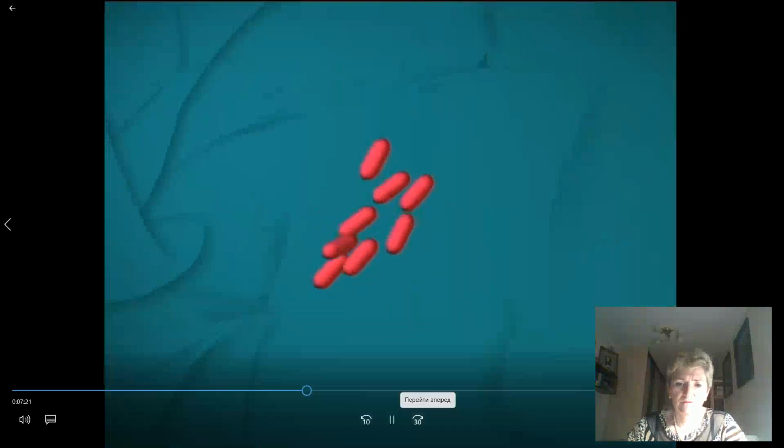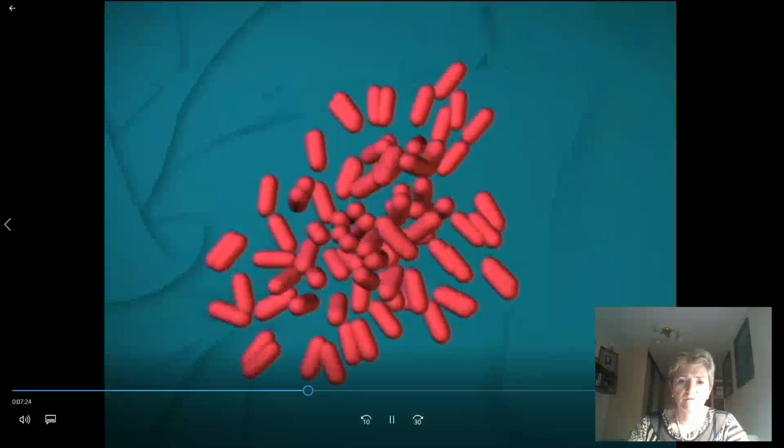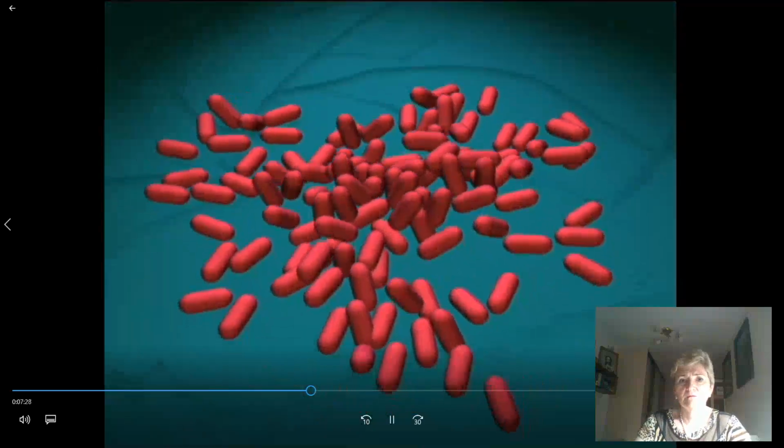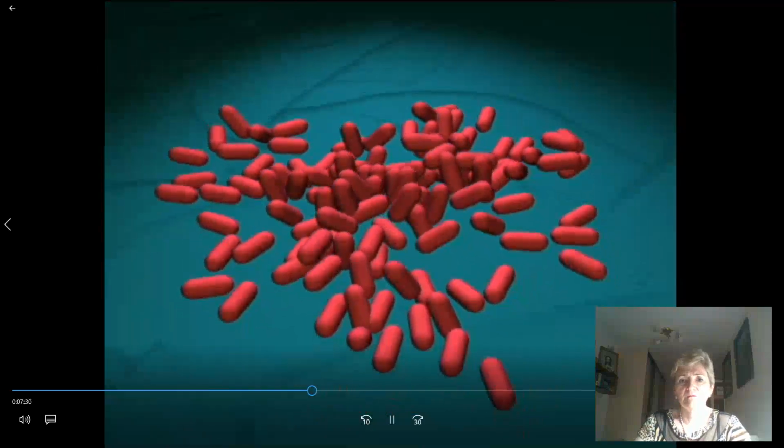Germs, like the E. coli bacteria shown here, can only be seen with magnification, such as under a microscope. Under appropriate conditions, that is, in a warm, moist environment, they're capable of dividing and multiplying.